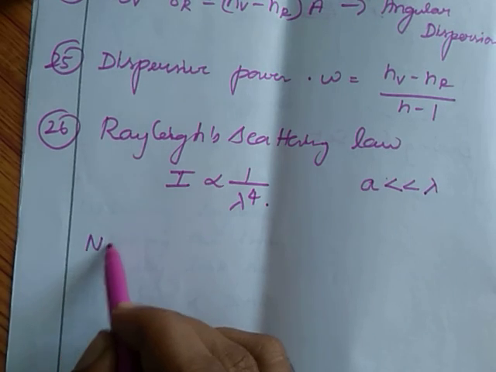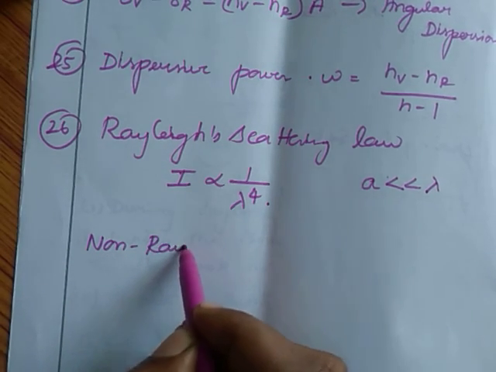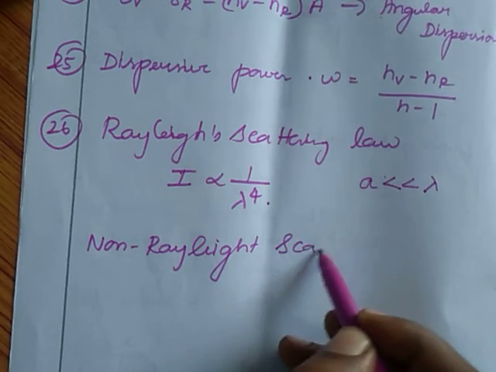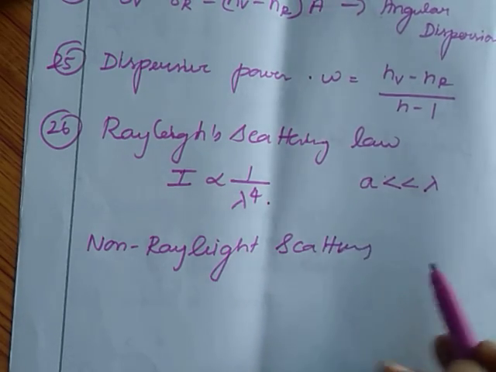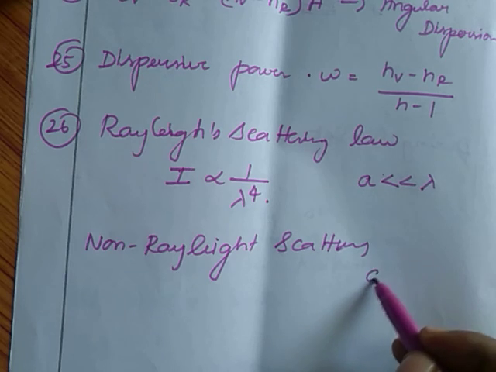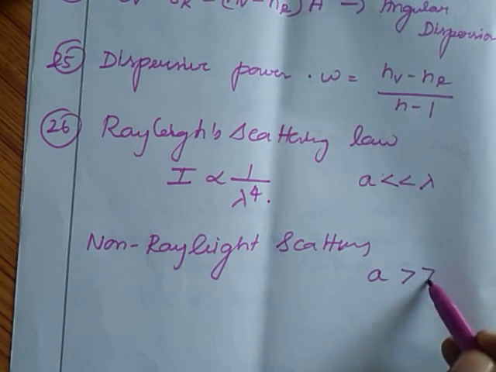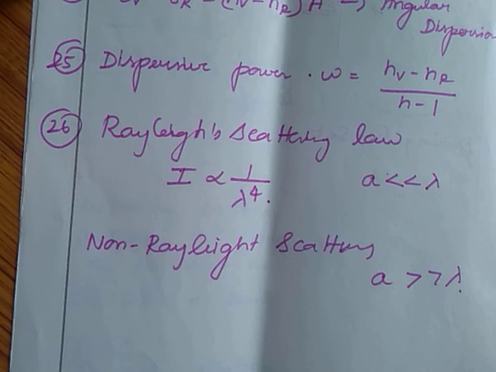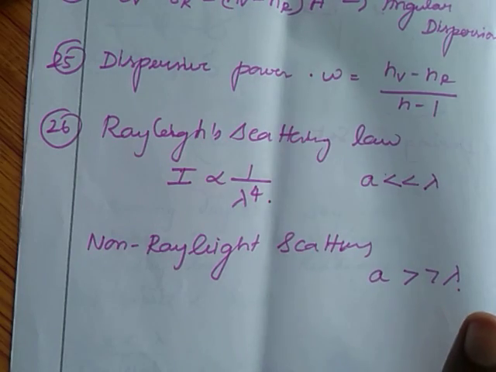And non-Rayleigh scattering: for non-Rayleigh scattering, the size a is greater than lambda. For that, the intensity of the scattered light is equal for all the colors.